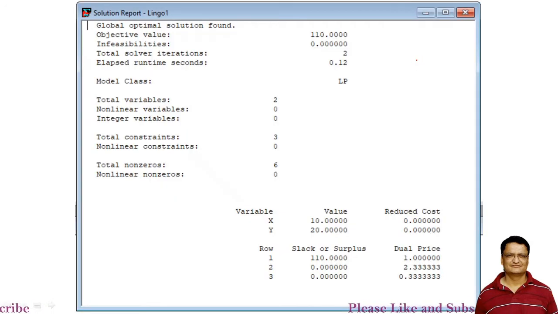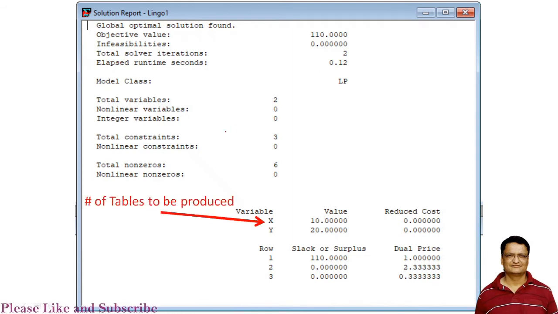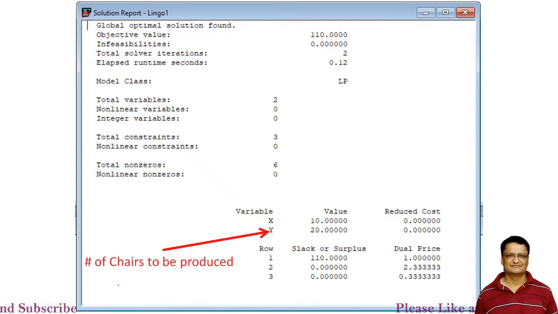Now let us go to the solution report. This is the report generated with the help of Lingo. The first and most important thing is the value of the two variables, x and y, for the optimum solution. The value of x, which is the number of tables to be produced, is given as 10, and the number of chairs to be produced is given as 20.